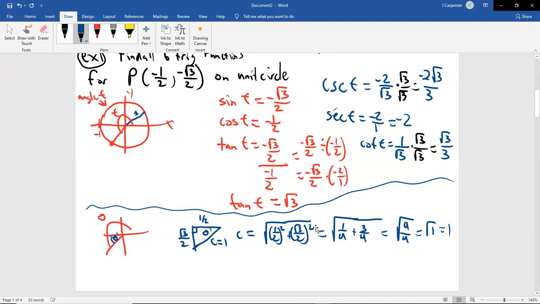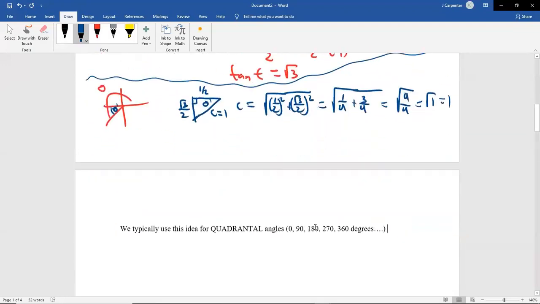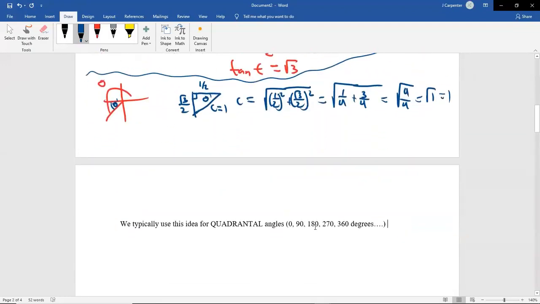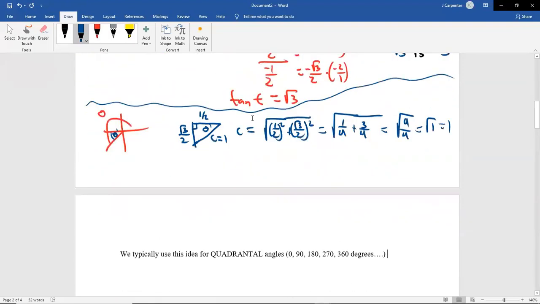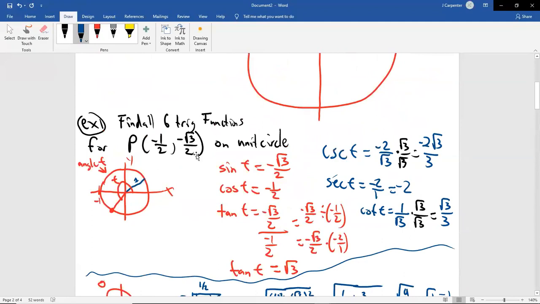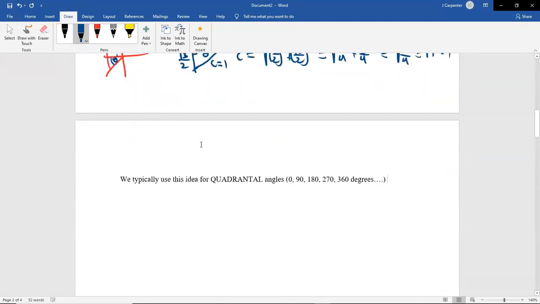It's also a great way just to kind of further understand things, especially if you ever have to do anything with polar coordinates. So how is this helpful for quadrantal angles? Because they're going to come up quite a bit. And the transparency is just a little more there. The point numbers aren't so weird. It's just ones and zeros and negative ones and zeros.